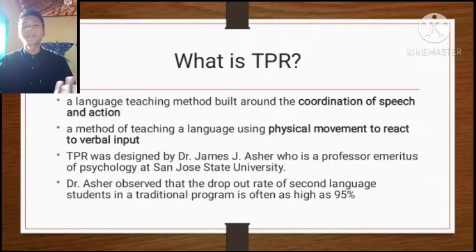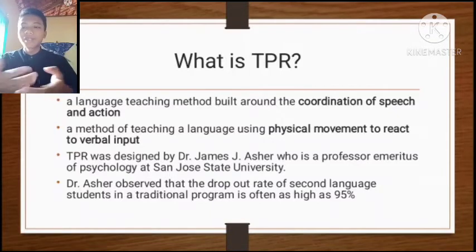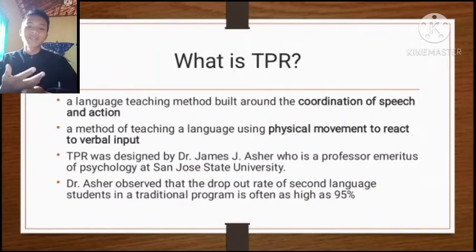TPR. What is TPR? TPR is called Total Physical Response, a language teaching method built around the coordination of speech and action.